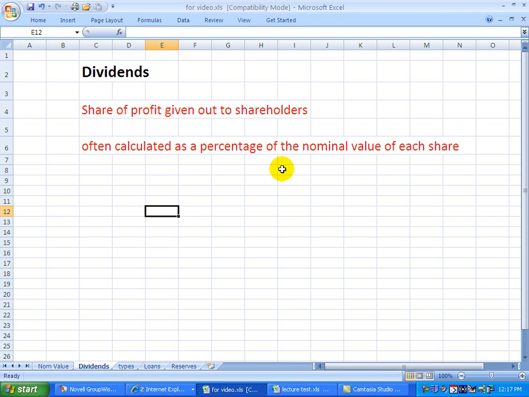So always taking this nominal value, the £1 shares for instance, you might be told that the dividend will be 10%, a dividend of 10% on your £1 share. So you'll be basically getting 10 pence for each share that you hold. And that would be your dividend, your share of the profits. That's the way it's given out.